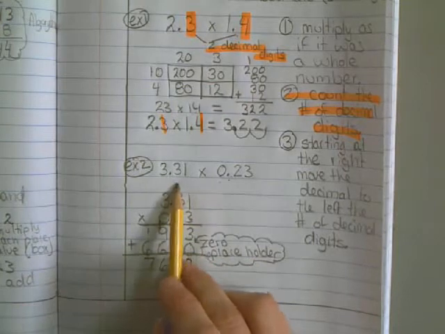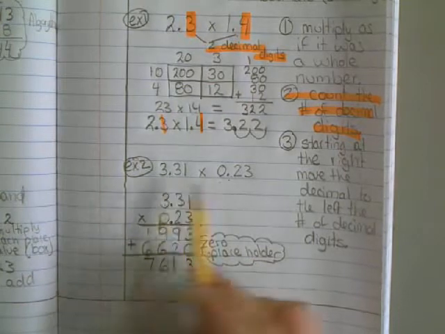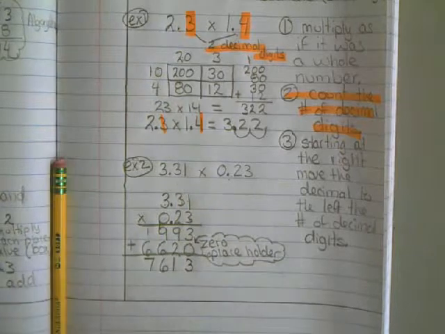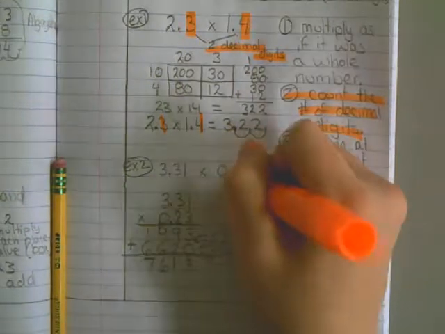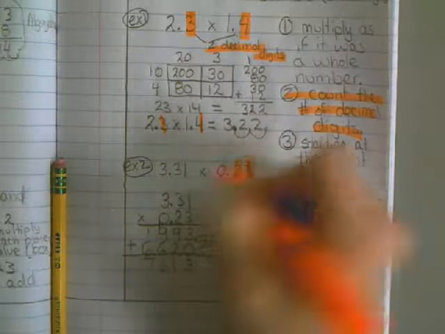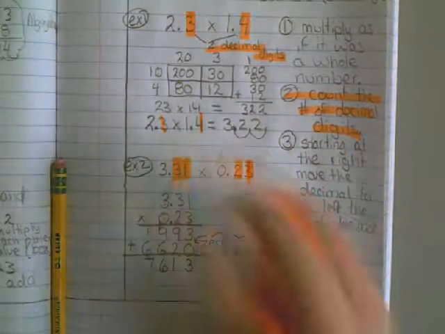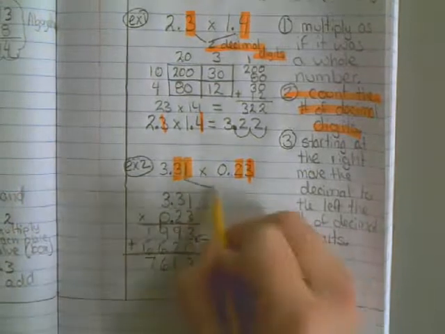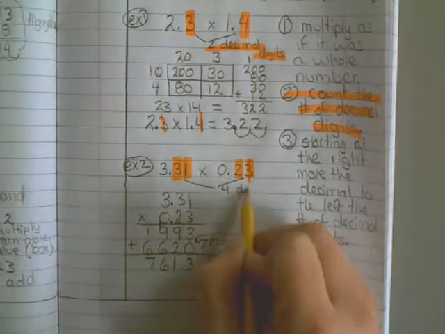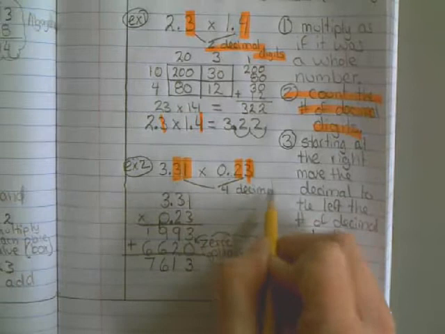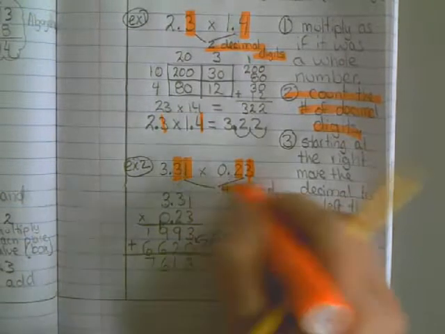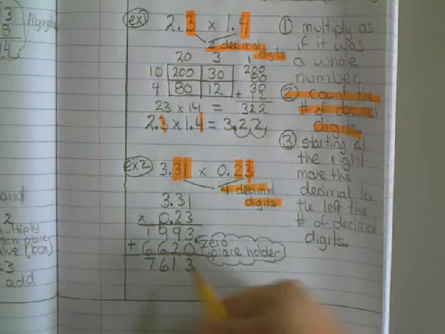So how many do I have? 4. Yes. 1 decimal digit, 2 decimal digits, 3, and 4 decimal digits. So I have 4 decimal digits. So starting from the right, I move it forward 1, 2, 3, 4, and there's my answer.